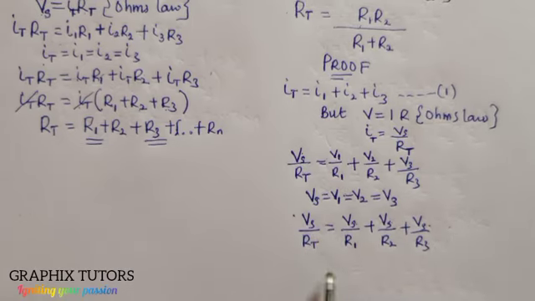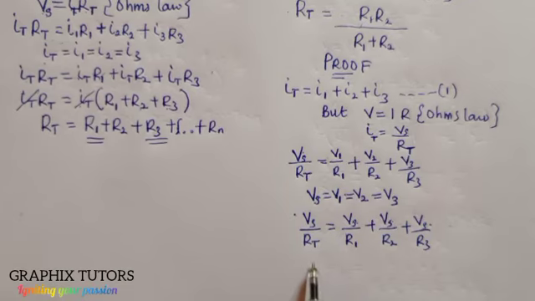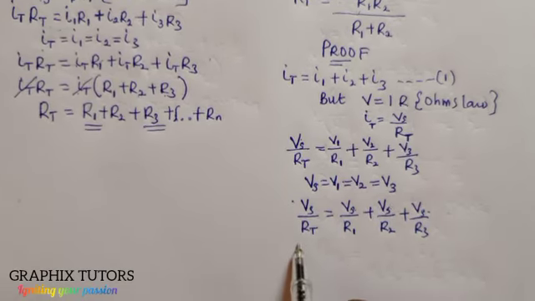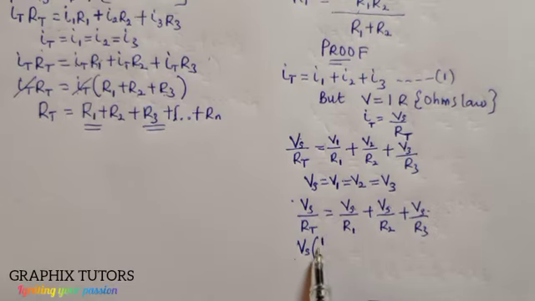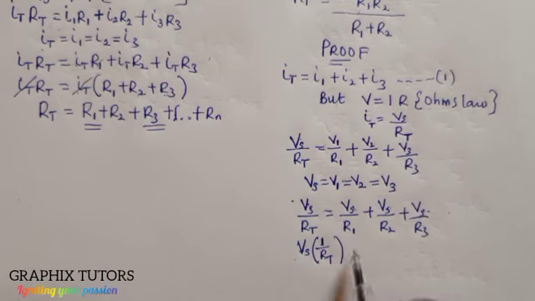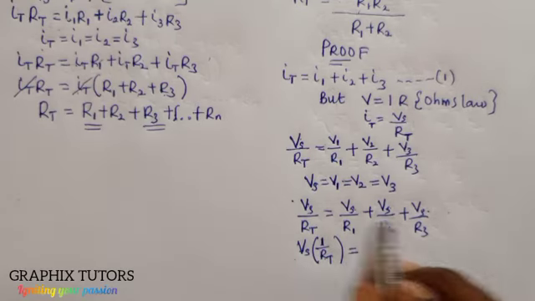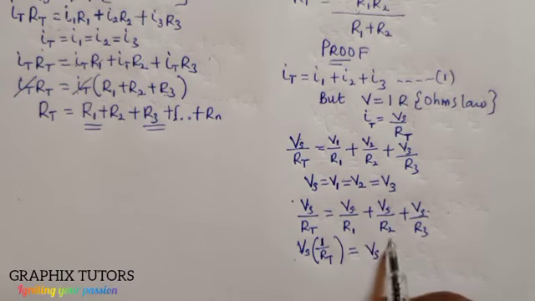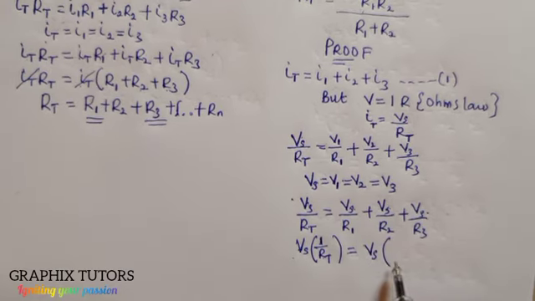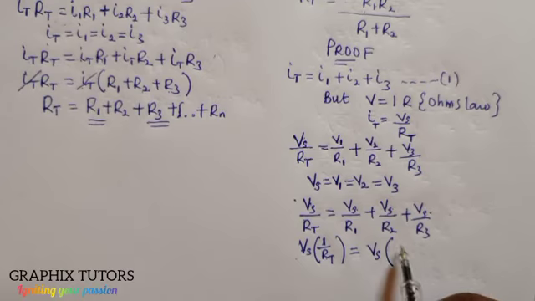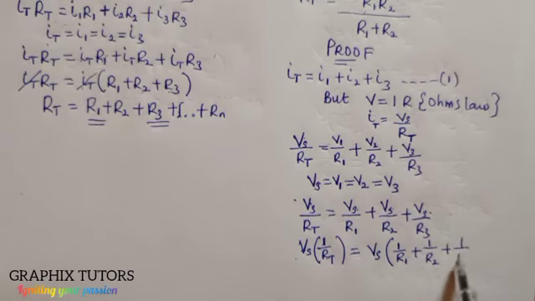Now, what is common here? I can bring out my Vs. So I'll say that Vs times bracket 1 over R total, because Vs times 1 gives you Vs over R total. And everything else is common, so I can bring it out, open my bracket, and I'm going to have 1 over R1 plus 1 over R2 plus 1 over R3.